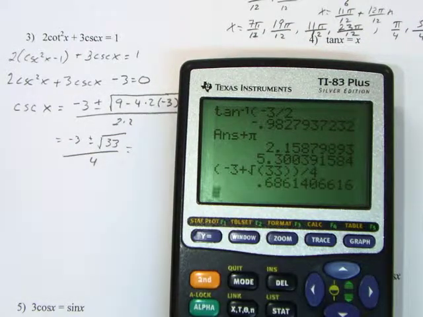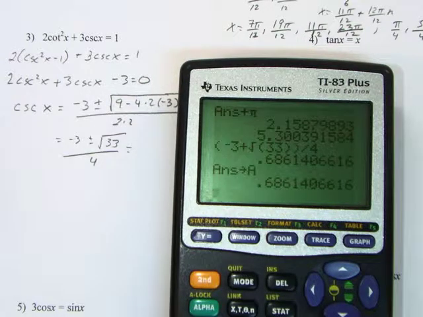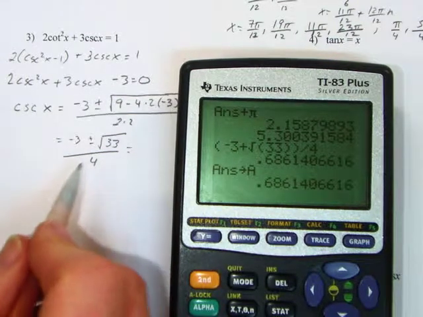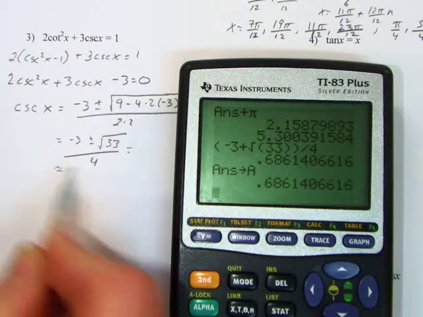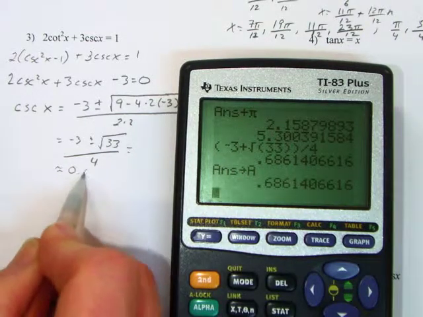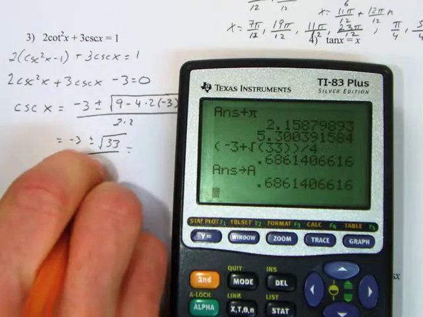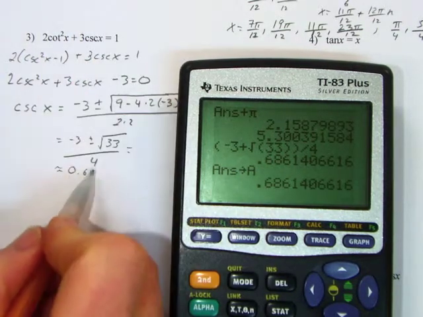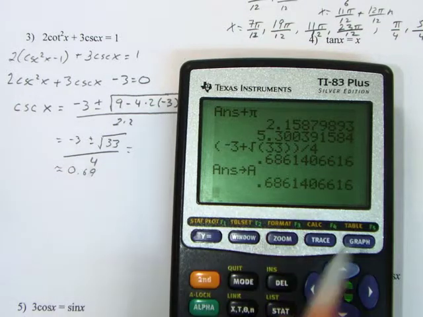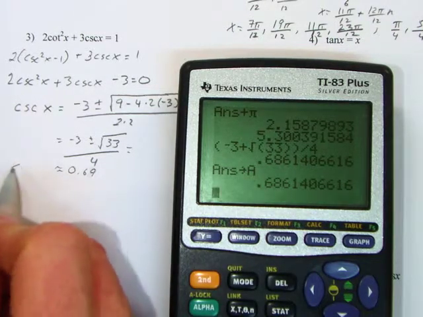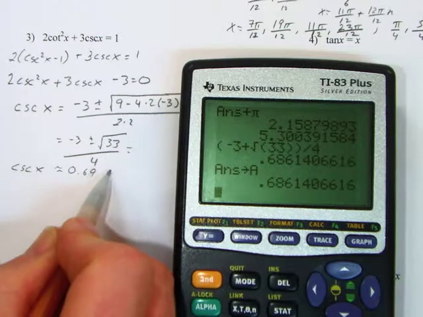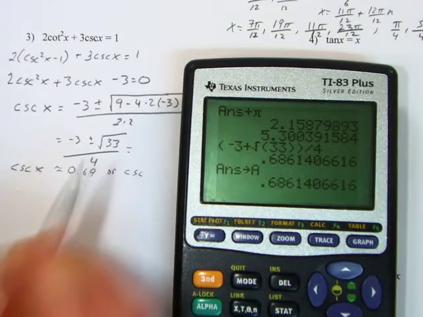Now what I'm going to do right now, I'm going to use my memory. So let's hit STO alpha A, just in case I need this for anything. This gives me approximately 0.68, or no, 0.69. Now I'm not going to use this number. I'm going to keep this whole number on my calculator. So that's one solution.